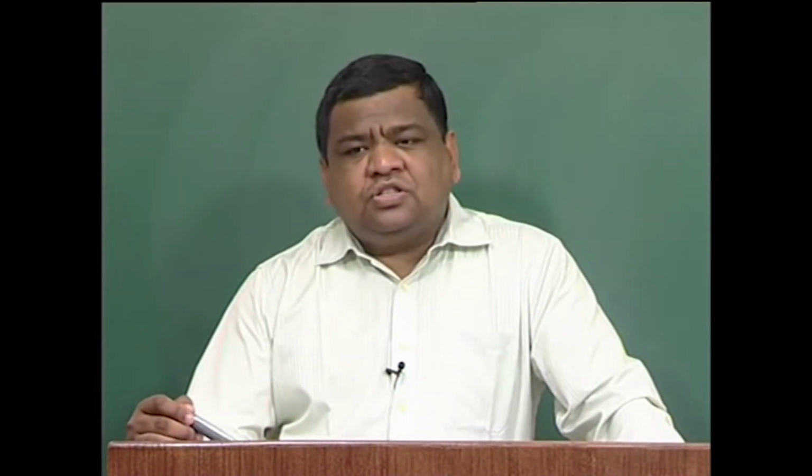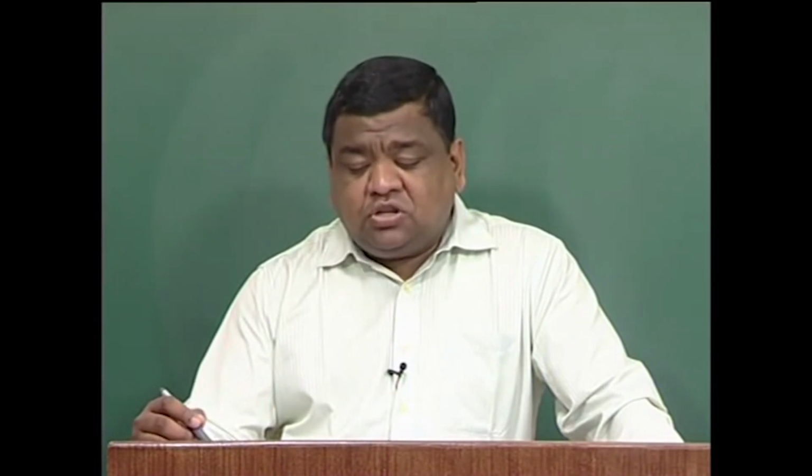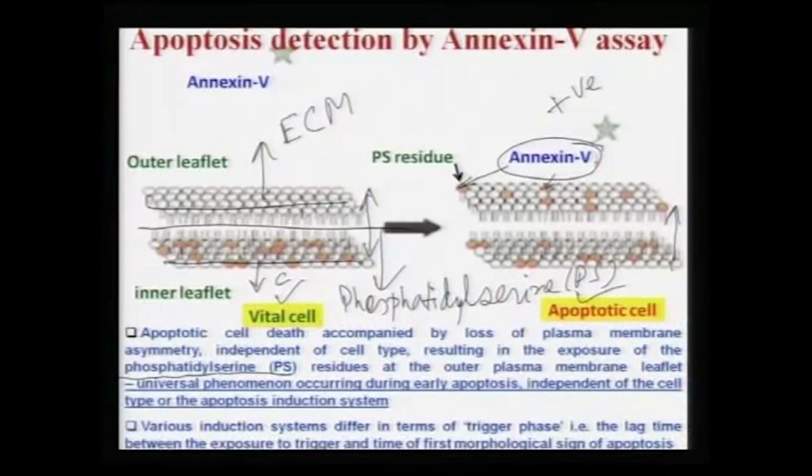Is it clear? So, if the annexin 5 dye molecule shows a positive response, I repeat, what does it mean? The cells are in the apoptosis stage. This is called the positive response. If the annexin 5 molecule shows a negative response, what does it mean? The cells are live cells, or vital cells.